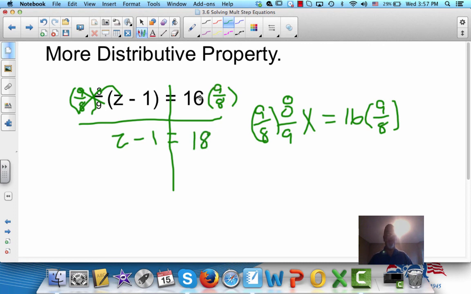So now you've got a simple problem here. Add 1 to both sides, and that gives you z equals 19. Okay, very good. I hope that this gives you an idea of how to do the multi-step equations. Good luck.